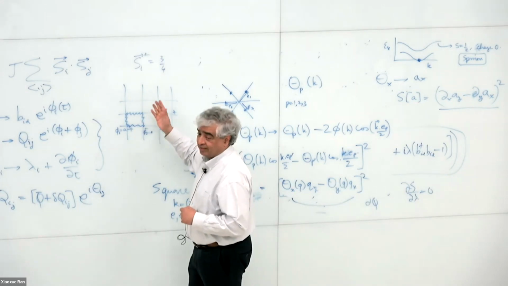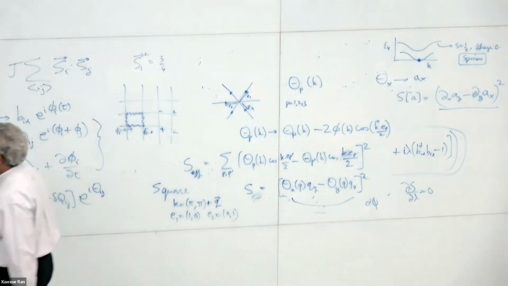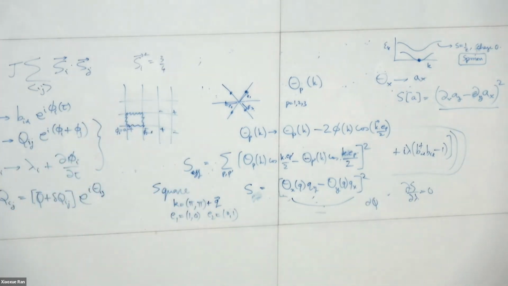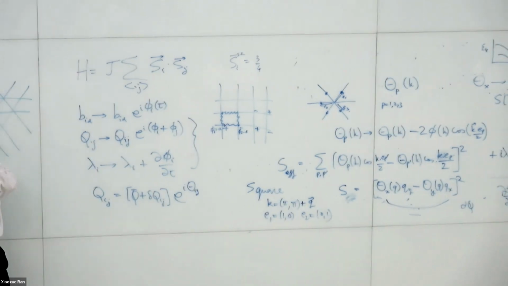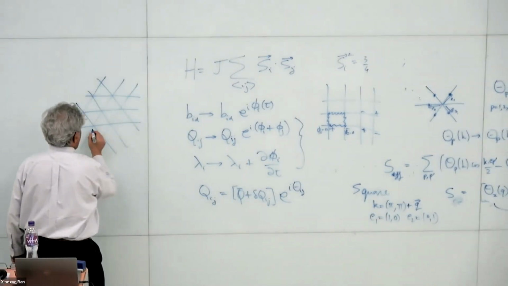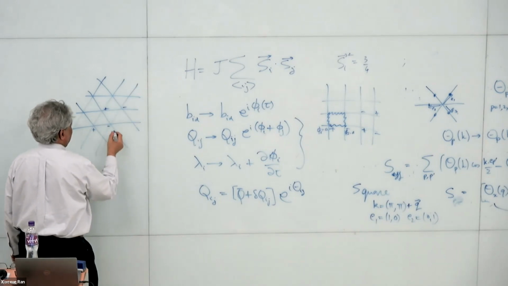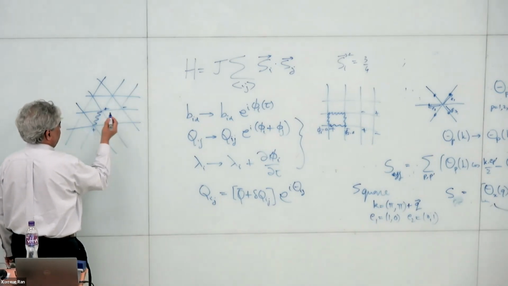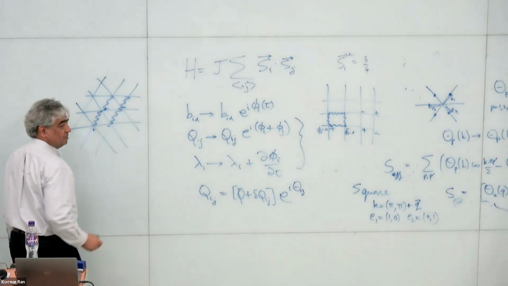It's a bipartite lattice. On the triangle lattice, there's no way to do that. Suppose you put plus here and minus here, and plus here and minus here, then these bonds are in trouble. All the other bonds are okay. These bonds have charge 2.